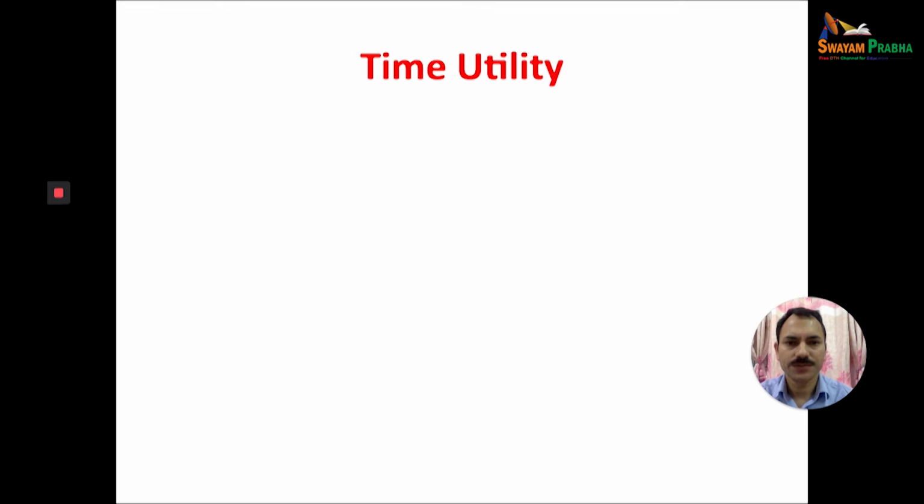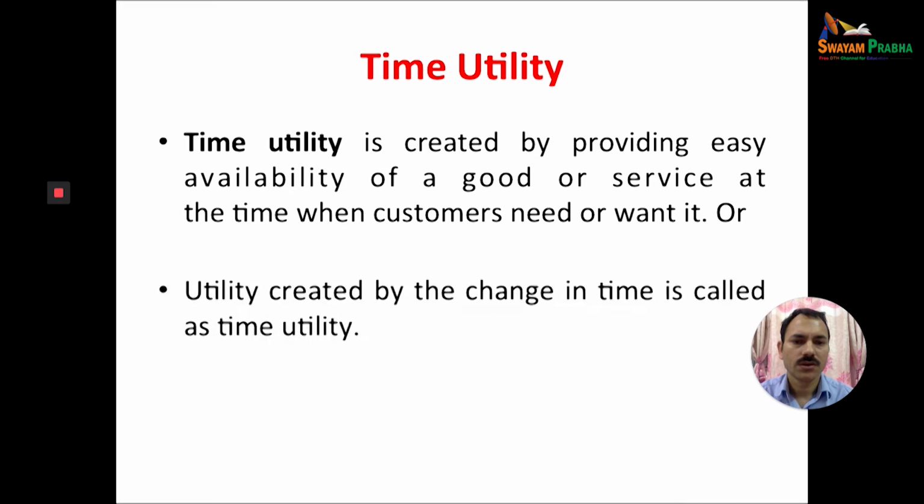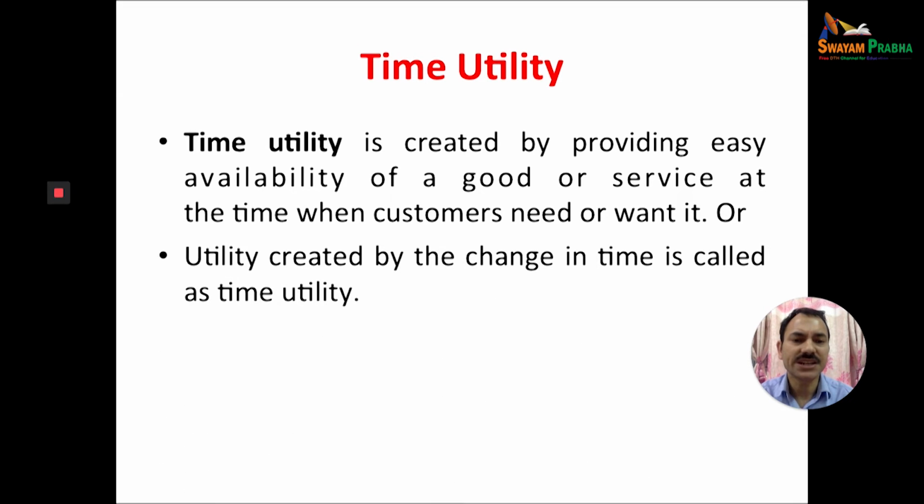Time utility. Time utility is created by making goods or services easily available at the time when the consumer needs or wants them. Utility created by changing time is called time utility.